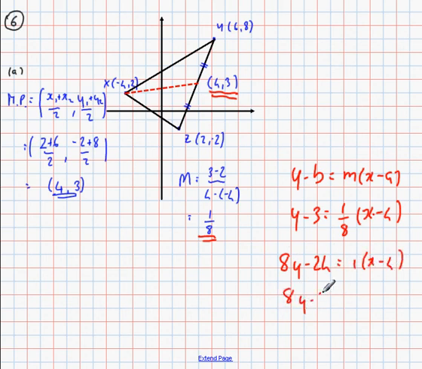Expanding, that will be 8y minus 24 equals x minus 4. Rearranging the form ax plus by plus c equals 0 gives us x minus 8y plus 20 equals 0, and that is the equation of the median for 9A, question 6A.